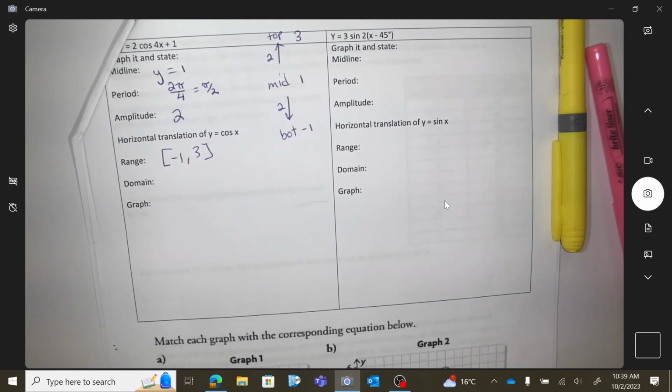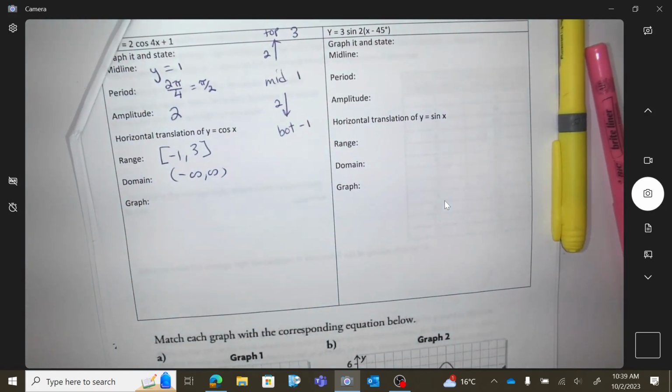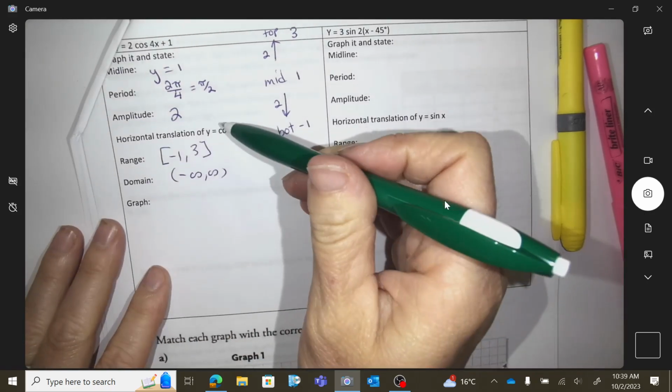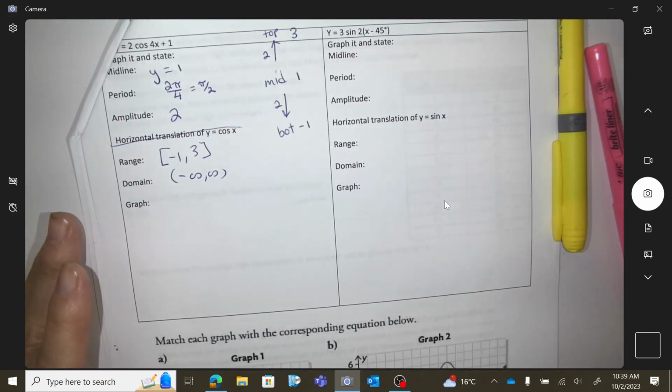And then the domain would go, domains go out, right? You just keep going and going on your waves. Okay, so again, this horizontal translation, I'm not going to worry about that. That's that C move. I'm not going to worry about it.